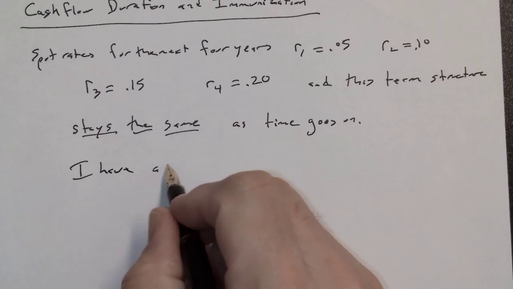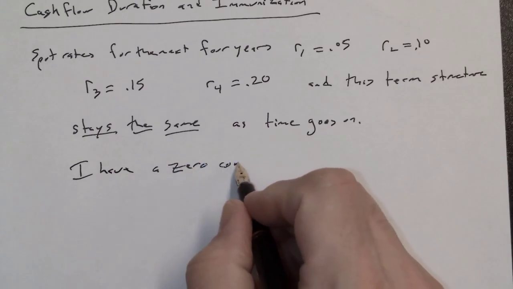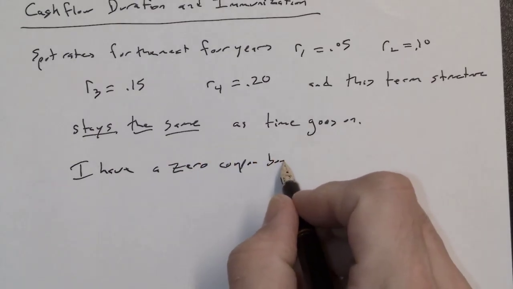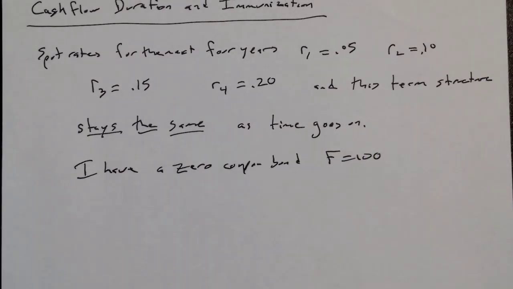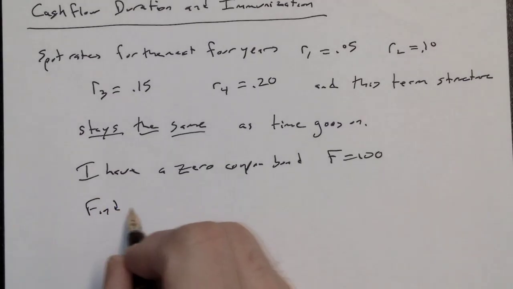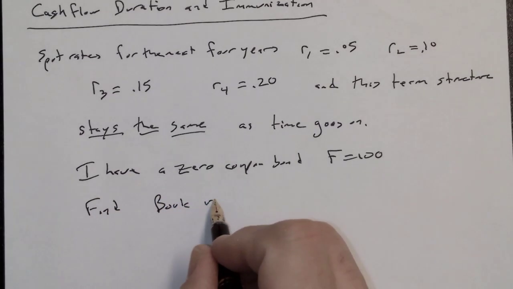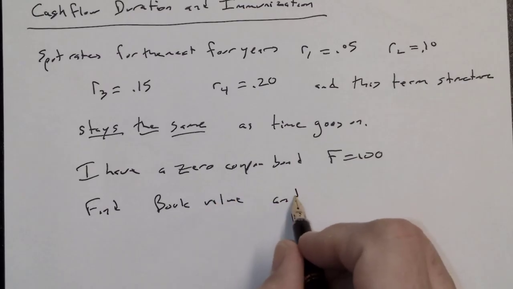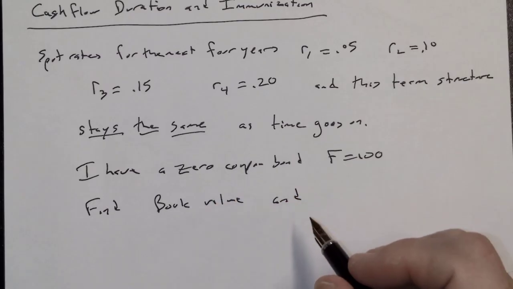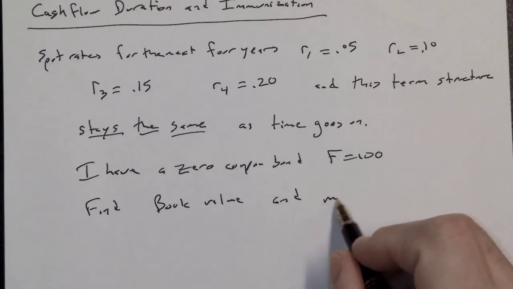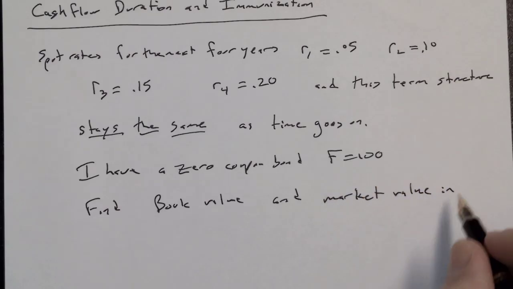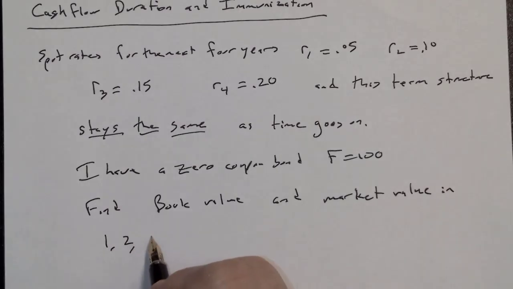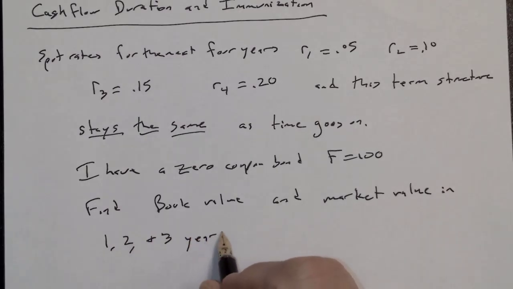I have a zero coupon bond with a face value of 100. I want the book value and the market value in 1, 2, and 3 years.